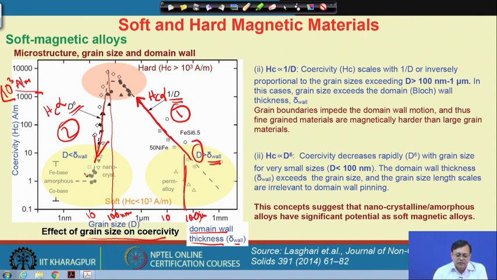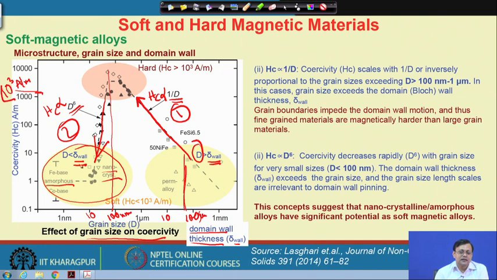In this particular case, the interesting feature is that all these amorphous precursor magnets, or let us say nanocrystalline soft magnets, lie in this very small coercivity value of 1 to 10 ampere per meter. And this is a bigger achievement in some cases, where you can see that the wall thickness, meaning the Bloch wall or domain wall thickness itself, is larger than the grain.